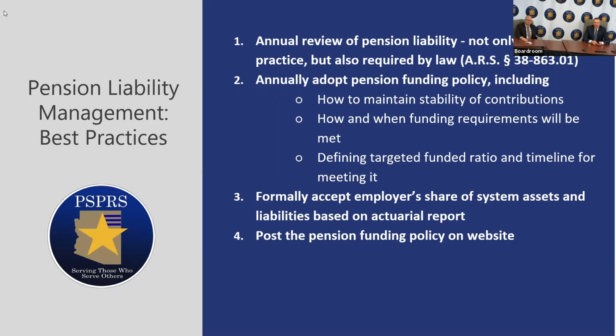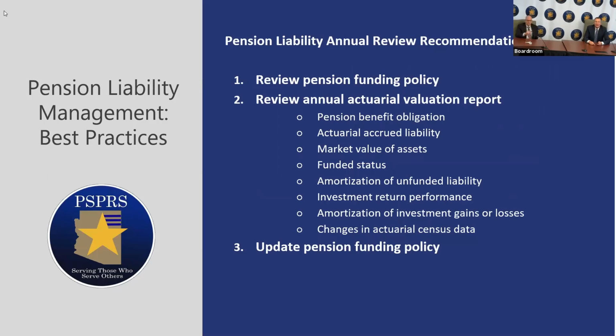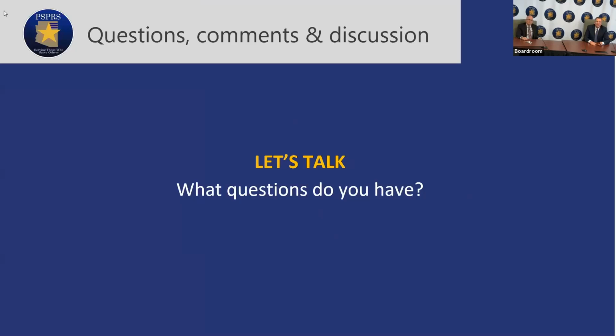That's a requirement, and post that funding policy on your website. Here are some review recommendations. All of these actuarial terms are important and they have connotations and meaning for you. We won't go through them here today, but make sure that you understand and be willing to ask questions if you have any questions in that regard.